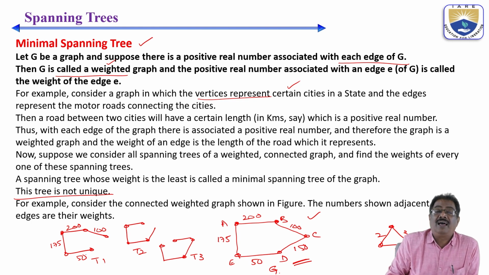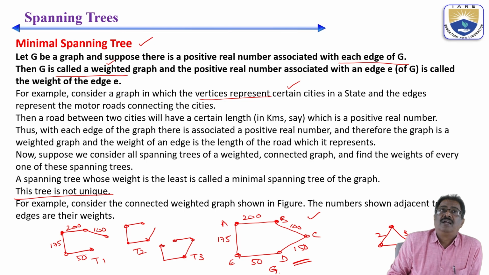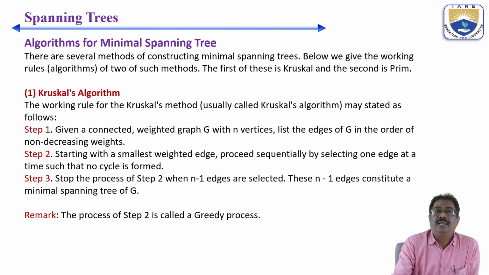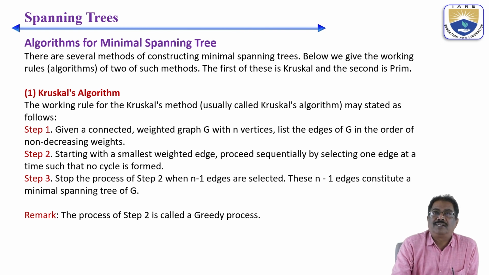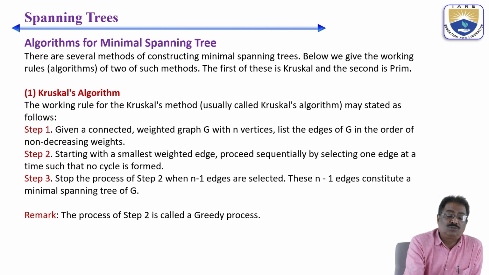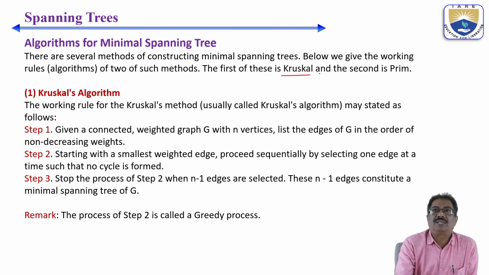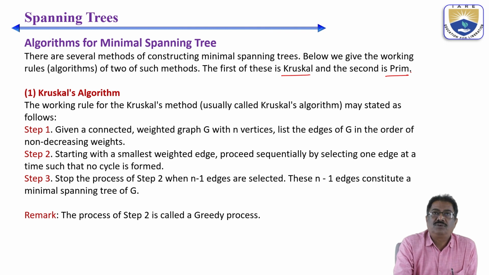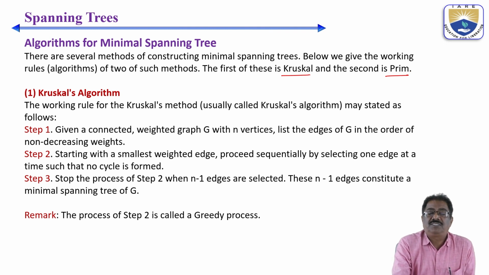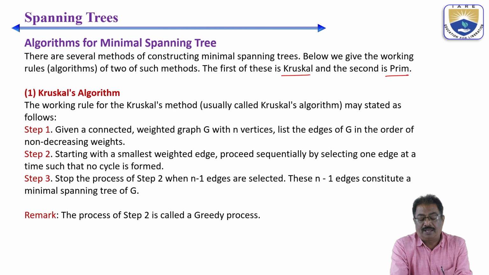So in order to avoid this process, by using some algorithms we can straight away get a minimal spanning tree. Here we are going to discuss two algorithms: one is Kruskal's algorithm and the other is Prim's algorithm. From these two algorithms, we can straight away calculate the minimal weighted spanning tree.